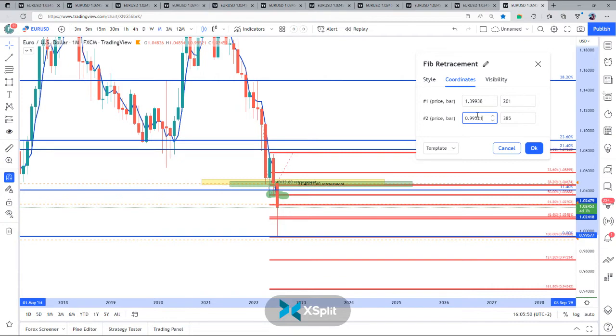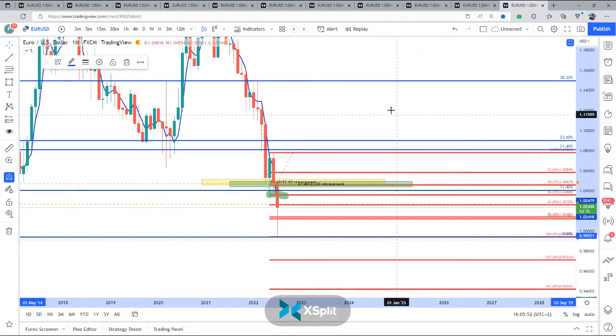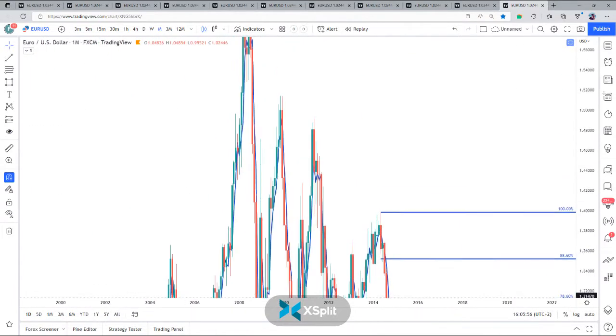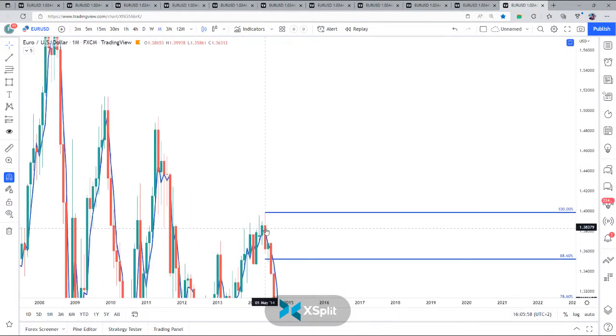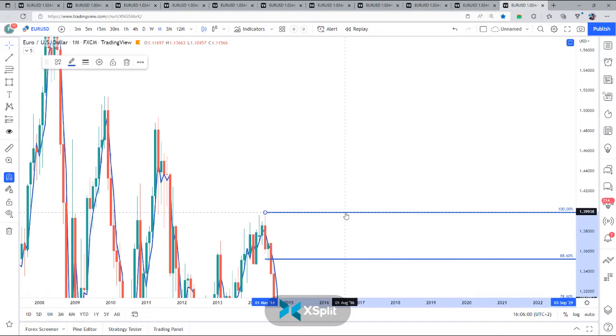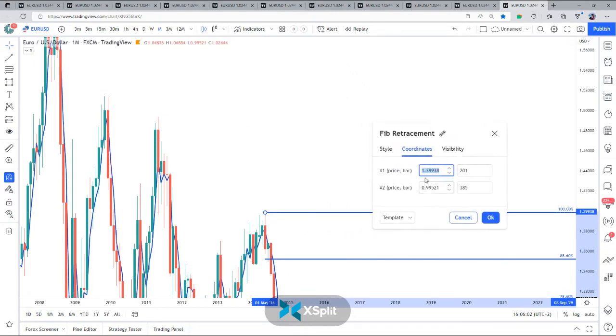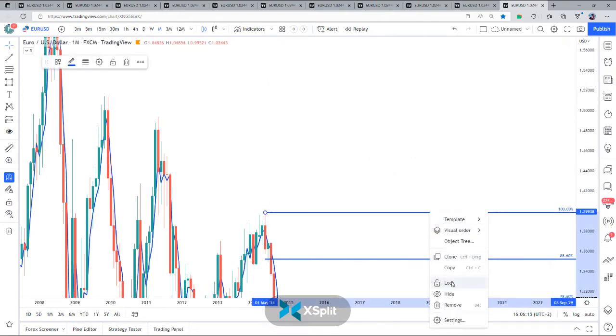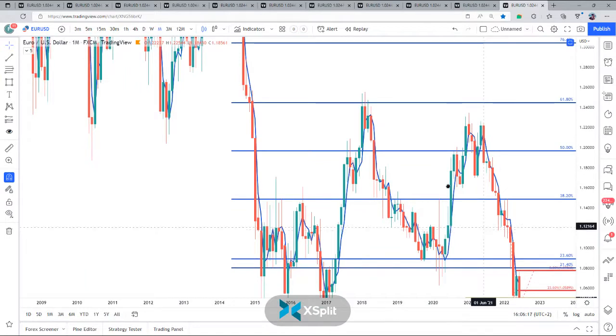So we put it to the pip to have really a very precise fib. Here it should be okay because we did it with the magnet, but it's always good to double check. So it should be 139,938. So we look here on the top, 139,938. That's perfect. So we can lock this one. We lock it.